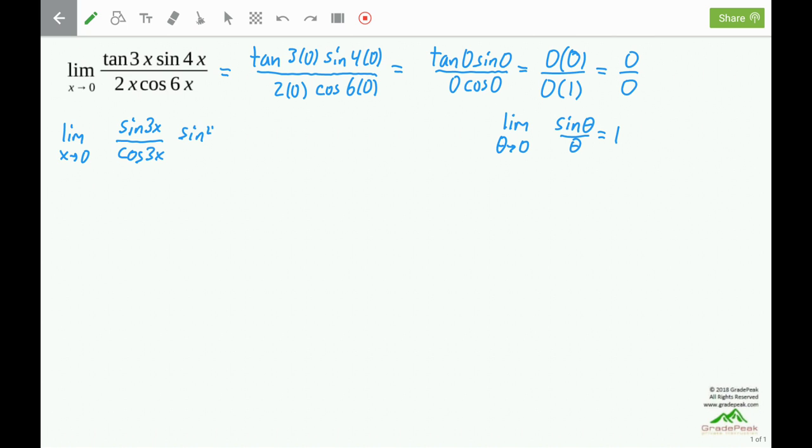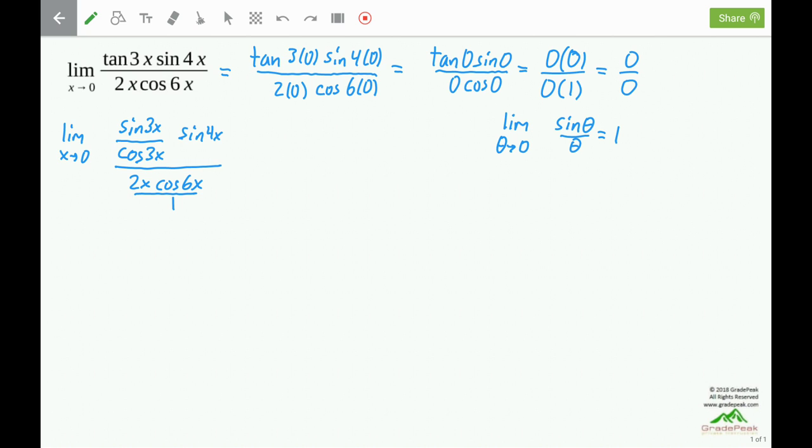We also have a sine of 4x, and then all of this divided by 2x cosine of 6x. Since we have a fraction in the numerator, we need to take the denominator fraction, reciprocate it, and multiply it. It's not a fraction right now, but we can make it a fraction by putting it over a 1, so let's do that.